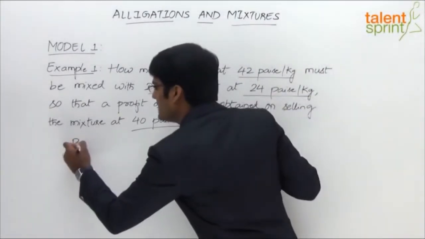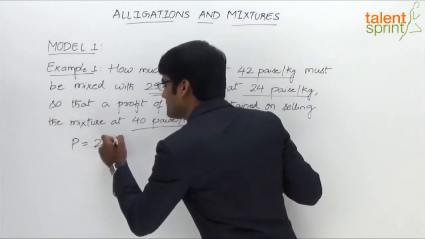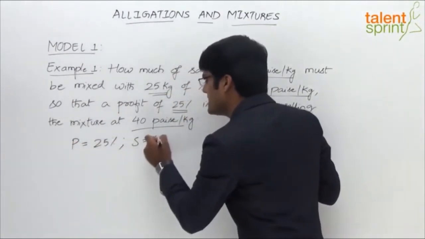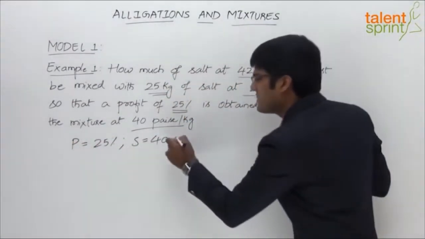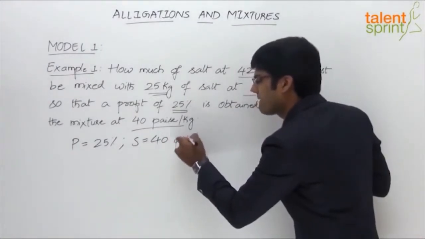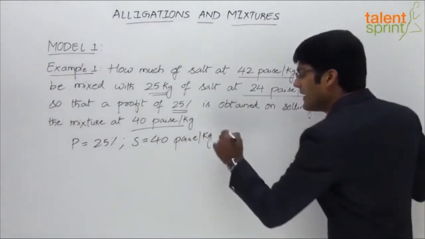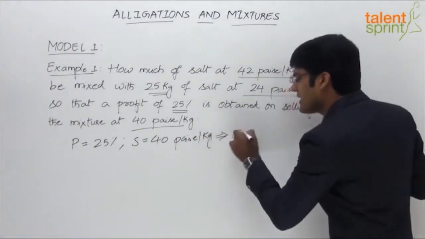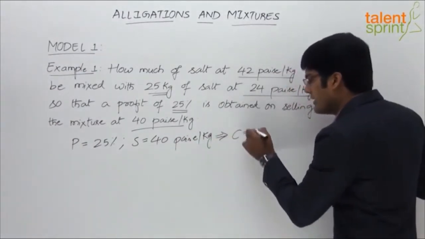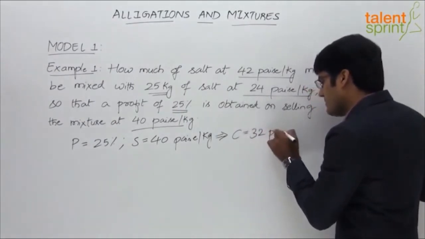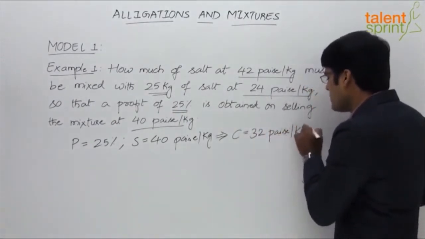So profit here is 25% and the selling price is 40 paisa per kg. Now by using these two values, we can say that the cost price will be equal to 32 paisa per kg. Cost price is going to be 32 paisa per kg.